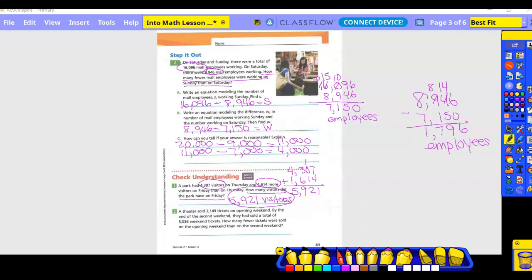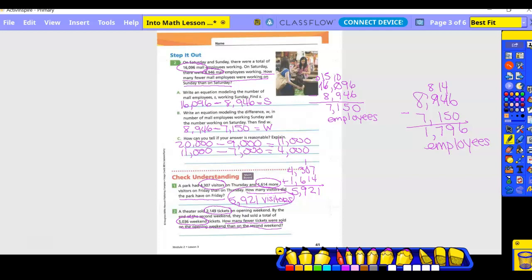Number 2, a theater sold 2,149 tickets on opening weekend. By the end of the second weekend, they had sold a total of 5,036 weekend tickets. How many fewer tickets were sold on opening weekend than on the second weekend? So I need to pull out my information. 2,149 tickets, 5,036, and then underline how many fewer tickets were sold on opening weekend.